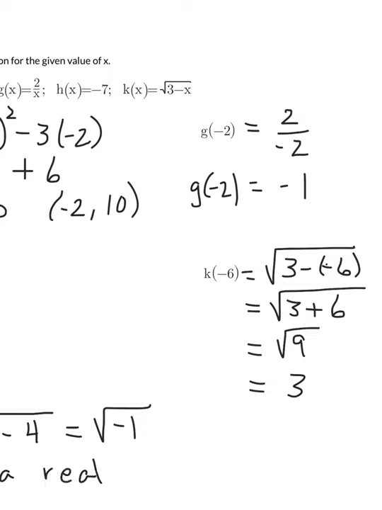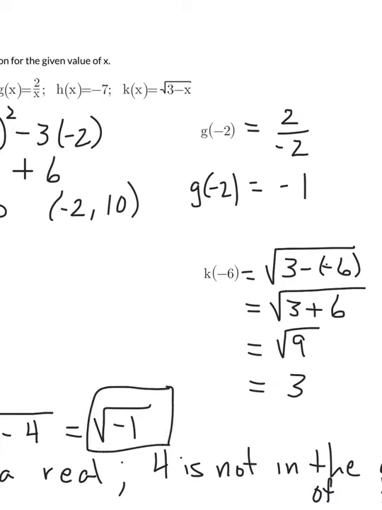So that means that the number 4 is not in the domain of this function k. It's not a valid number to plug in because we get a result that is not real.